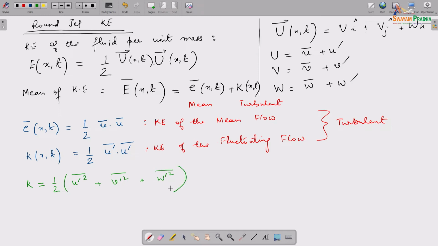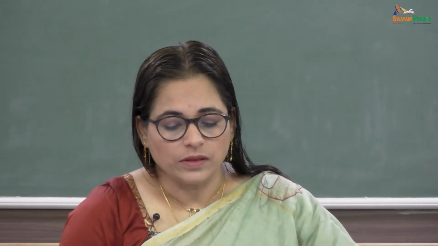This is essentially the total turbulence, the energy of the complete fluctuating flow. To this we add the mean component, which is again u mean square plus v square and w square.